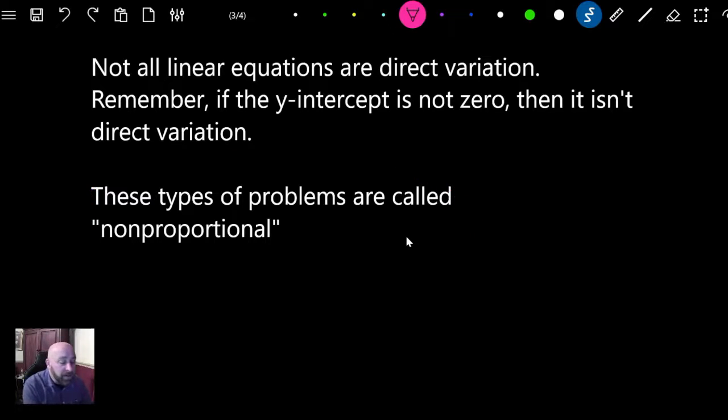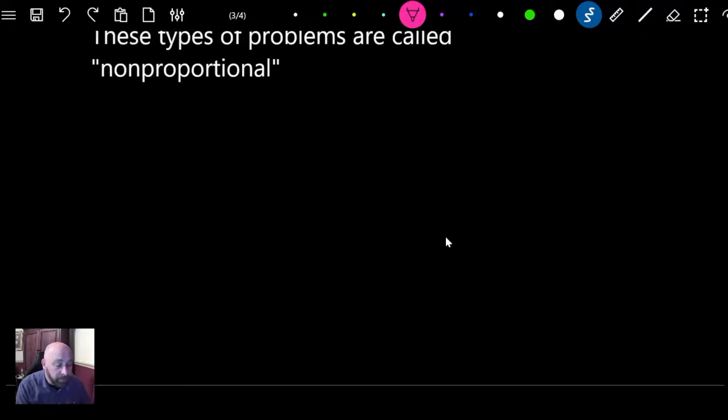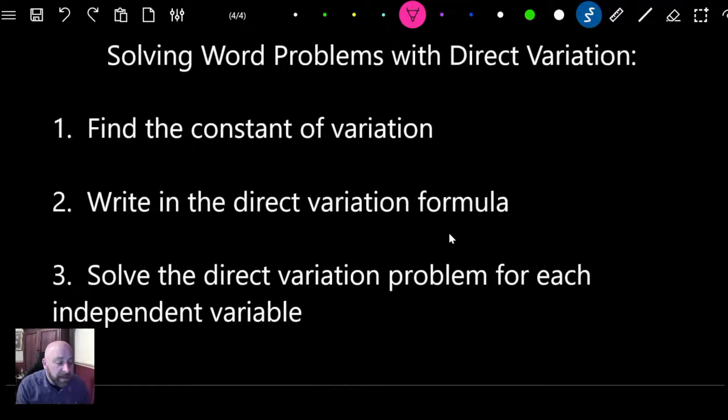But for right now, I just want you to know that word. Make sure you understand that word right there, non-proportional. That means that it does have a y-intercept, and it is not direct variation.